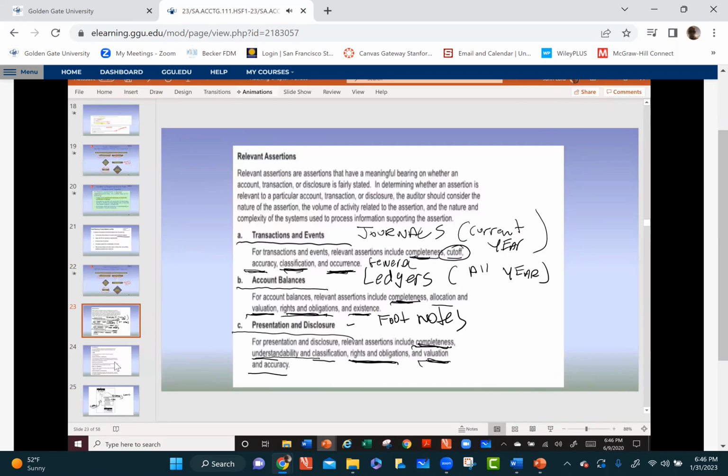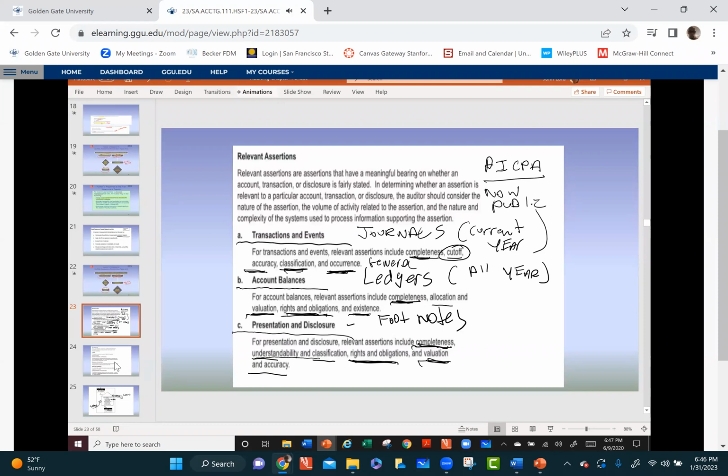The assertions fall into three categories: transactions, events, account balance, presentation, and disclosure. Now, these are the assertions that are called out by the AICPA. These are the assertions that you would consider if you are auditing non-public.